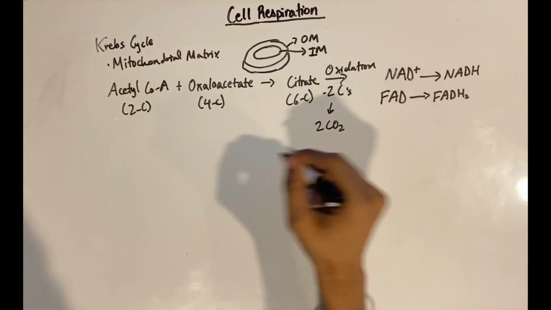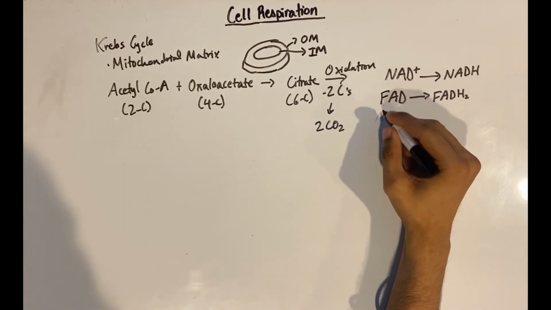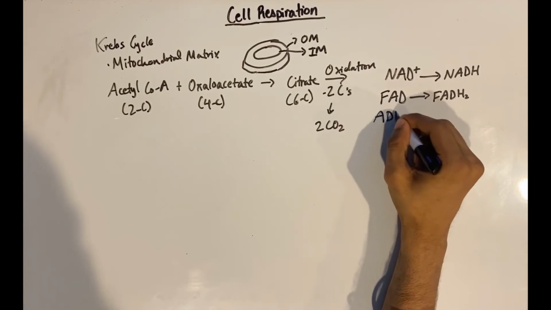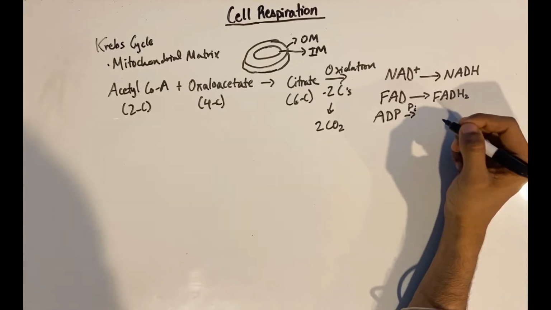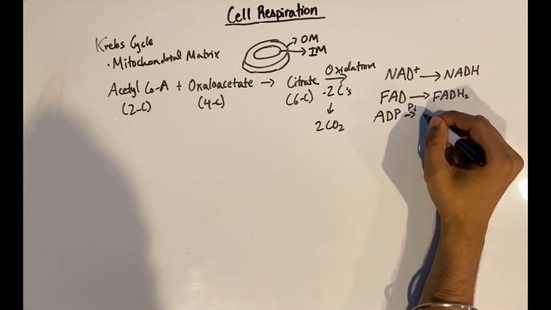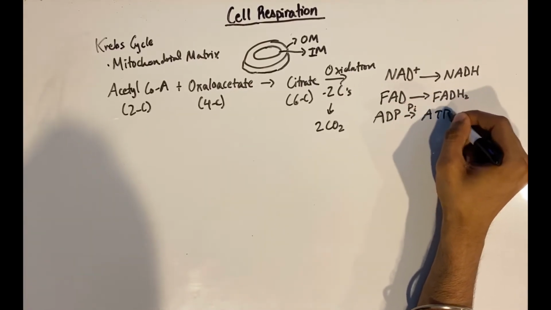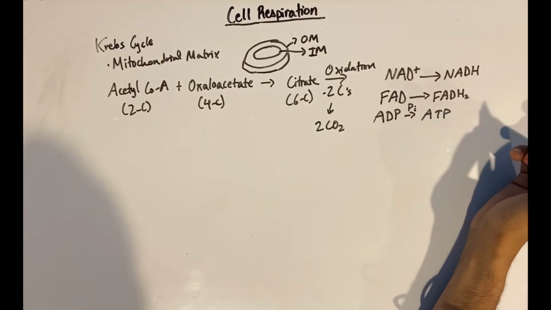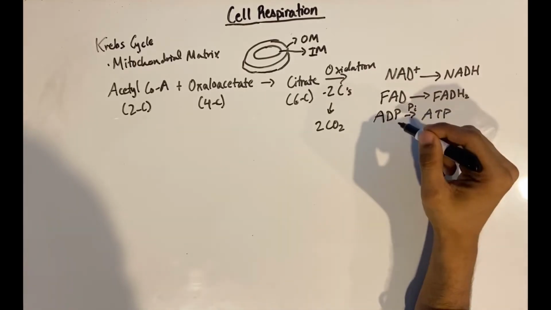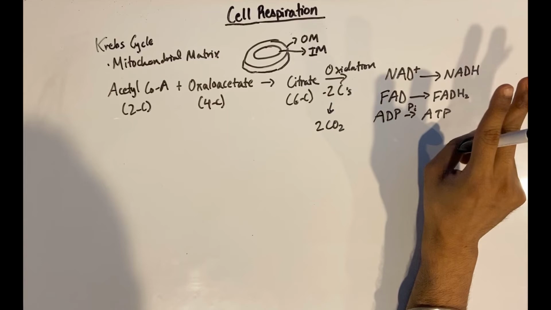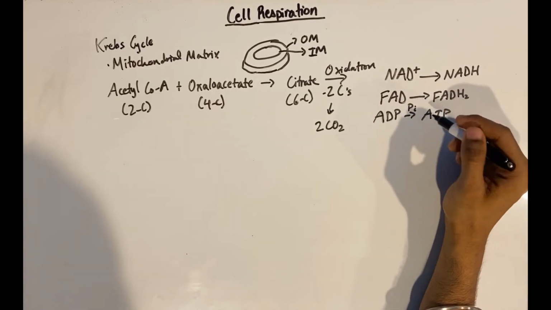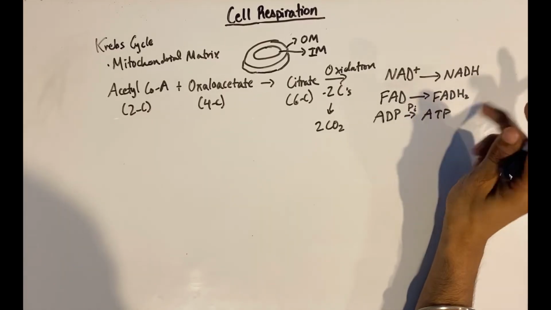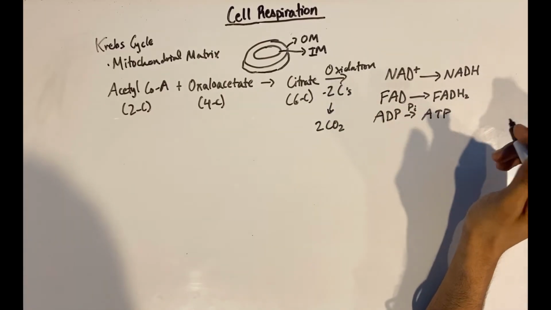Also, ADP, adenosine diphosphate, is then phosphorylated into ATP. So phosphorylation just means the addition of a phosphate molecule. You have a diphosphate, which means 2 phosphates, and then you phosphorylate it by adding a phosphate, and now you have a triphosphate, which is 3 phosphates.